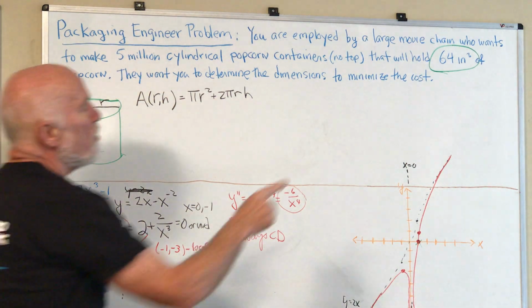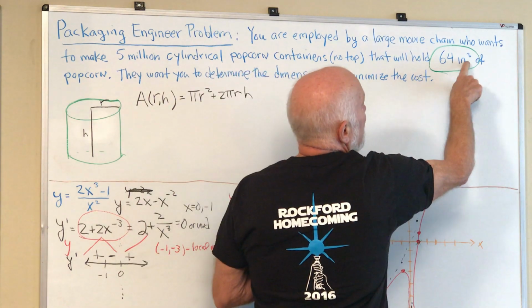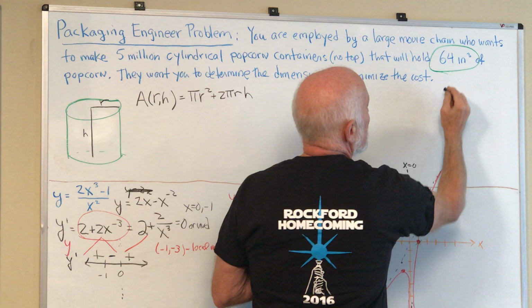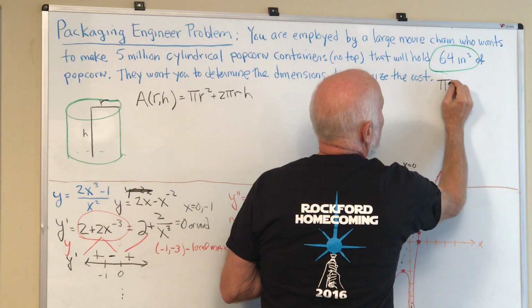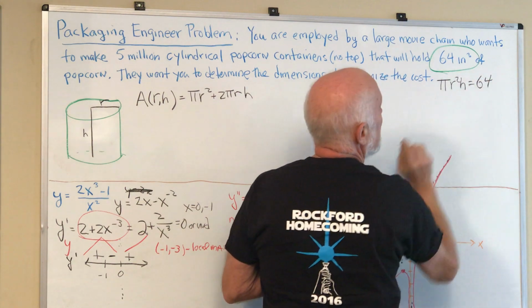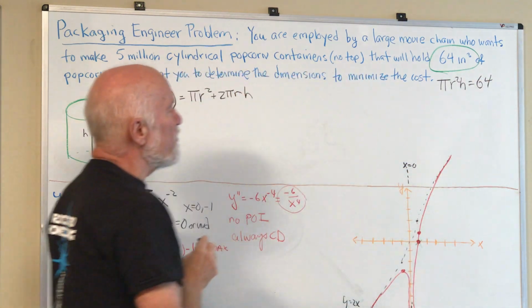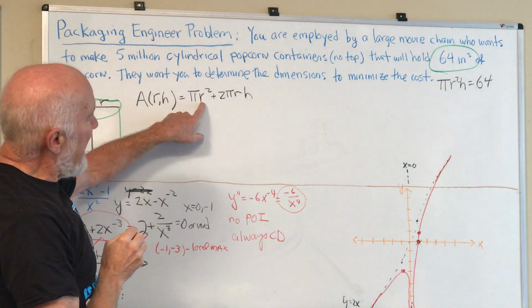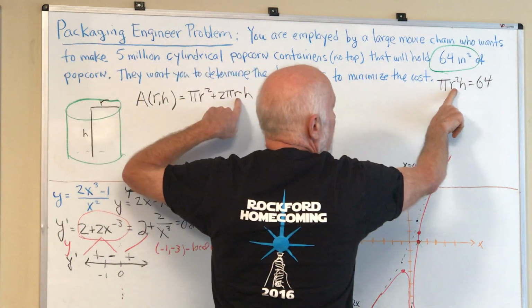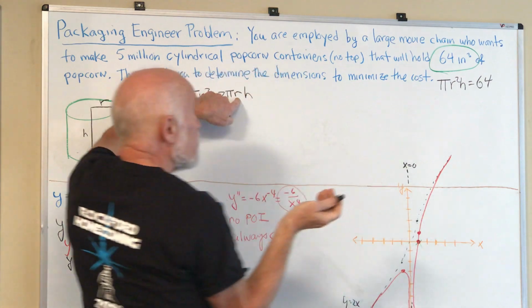But we do know that the volume has to be 64 cubic inches. So the volume of a cylinder, we know, and we have to solve for something. Well, if I only had an r squared here and not an r, I would probably choose to solve for r, or r squared.